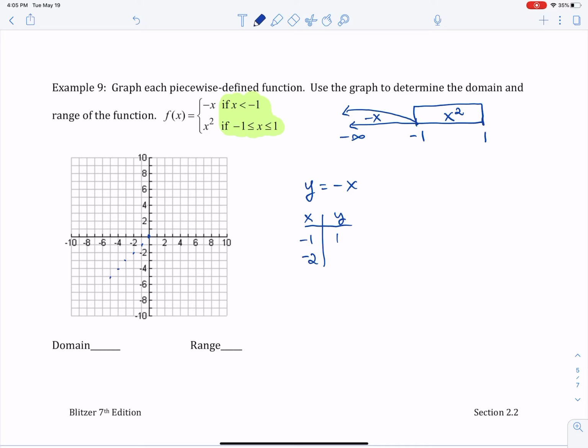So plug in -1, 1, so those points are how I graph them. This would be right up there. Okay, and again, I'm allowed to graph up to 1, so I'm gonna have an empty circle at 1 and go up this way.